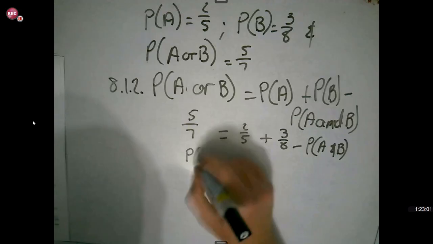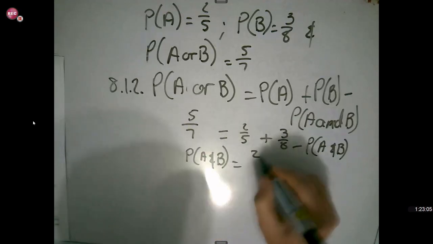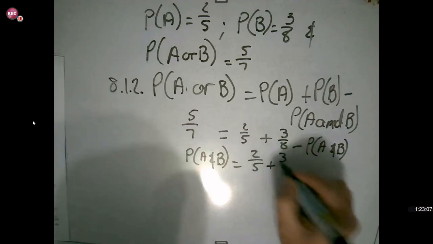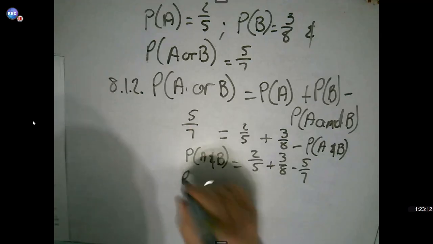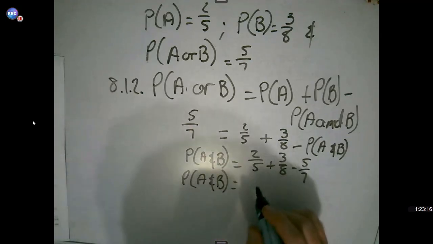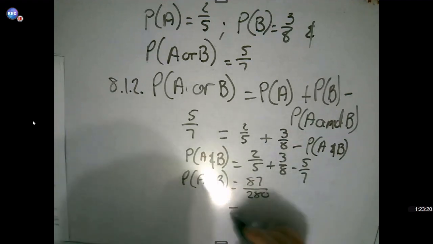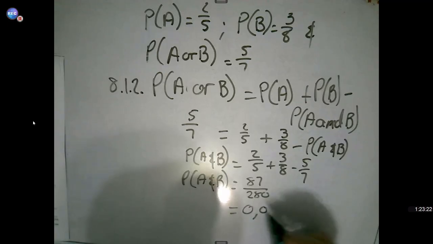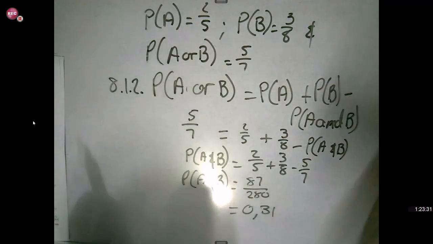So you get P of A and B, to make it positive, 2 over 5 plus 3 over 8 minus 5 over 7. So the probability for A and B is then equal to 87 over 280, which gives you a decimal value of 0.31. There we go. Like I said, these formulas were taught to you, so you should know what's happening.